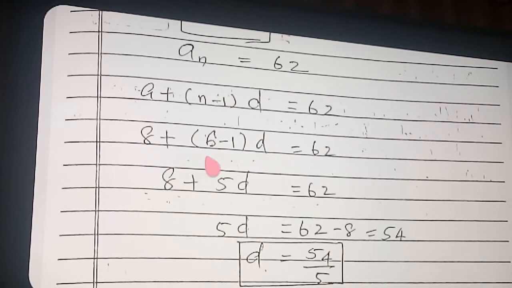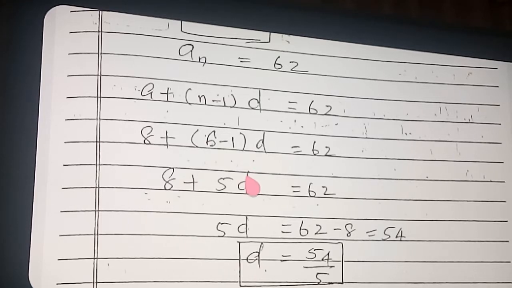Therefore 8 plus 5d is equal to 62. So 5d is equal to 62 minus 8. How much will come? 54. So the value of d is 54 divided by 5. Okay students, the value of d you got and the value of n also you got. Clear?